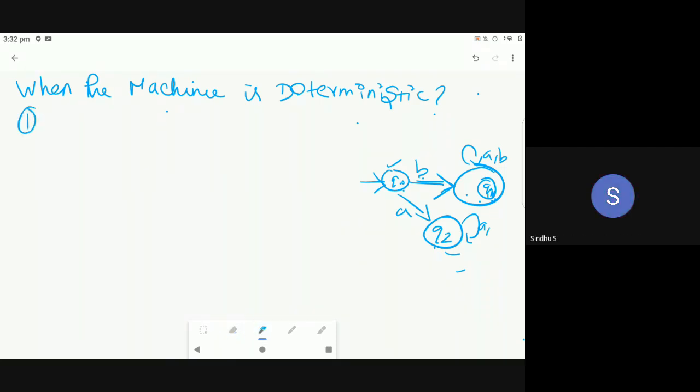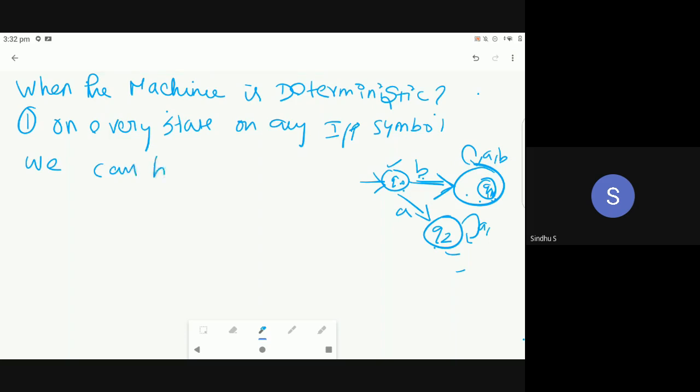The first point to be justified for calling the finite automata a deterministic finite automata is that on every state, on any input symbol, we can have at most only one transition. One transition must be there.